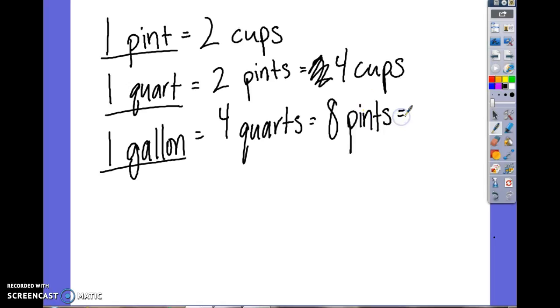Okay? And 8 pints is equal to 16 cups. Okay? So with these conversions, this will help us on the page before. You may need them, you may not. I'm going back to our worksheet, our study guide. If you need to pause this to write this down, go ahead and pause it, and then resume.